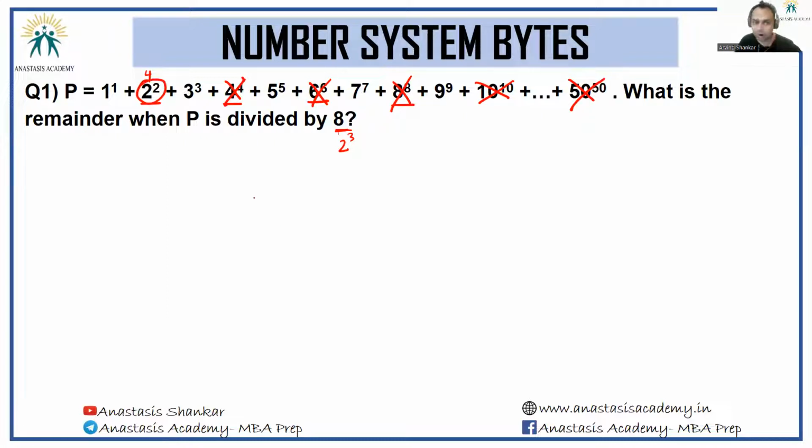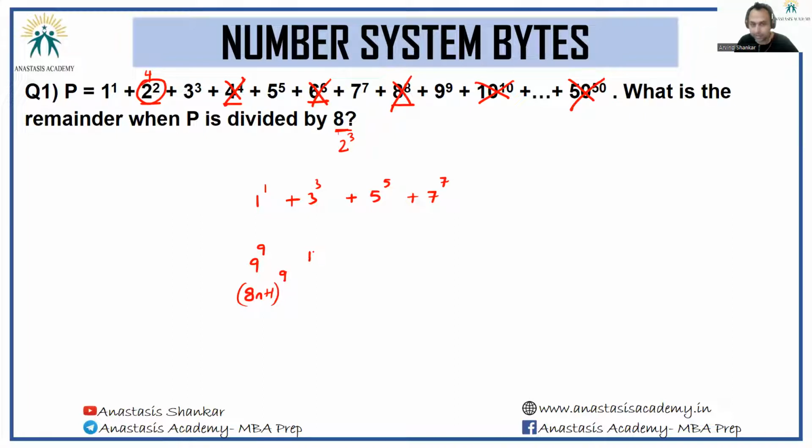Now the rest of the odd numbers, I have 1 raised to the power 1 plus 3 raised to the power 3 plus 5 raised to the power 5 plus 7 raised to the power 7. I've written down only the first 4 numbers because whatever remainder you are getting here, for 9 raised to the power 9, the storyline will be the same because it is 8n plus 1 raised to the power 9.